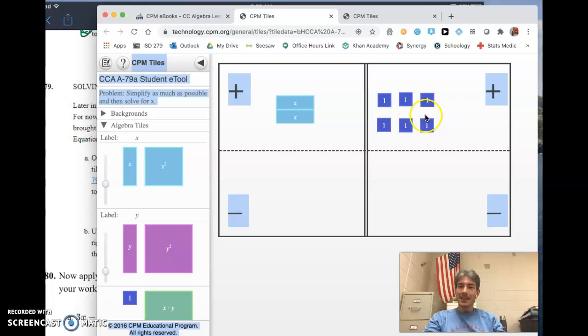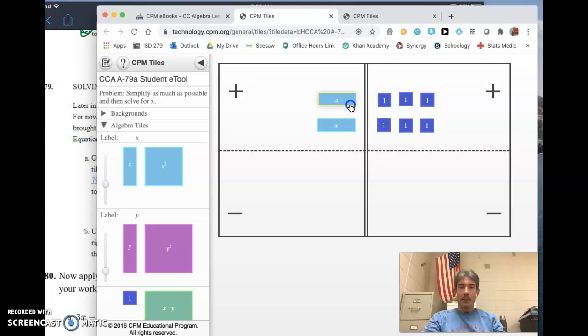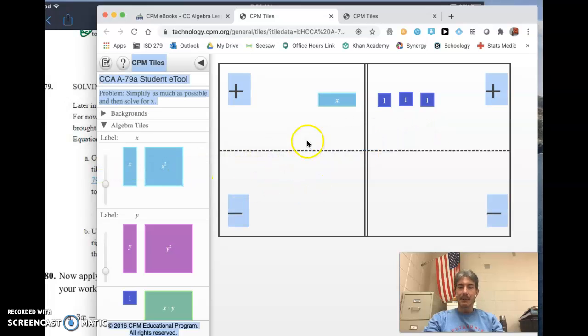We can divide these, and you can see I set this up already, into 2 distinct piles. I've got this over here on the left, separated with a row of tiles on the right, and same thing here. What I'm going to do then is eliminate one of these, as it's a carbon copy of the other. And what do I have here?